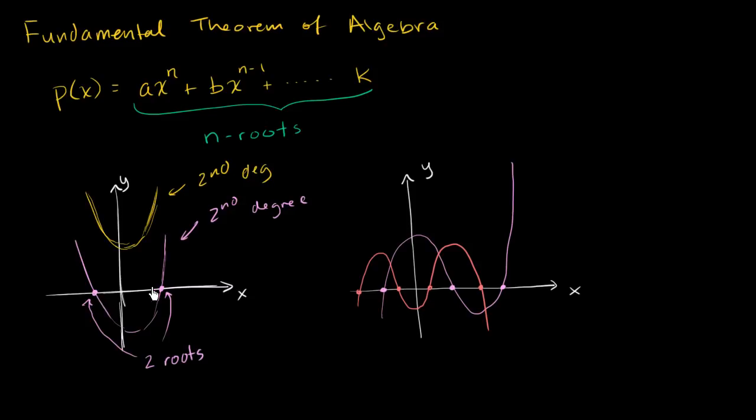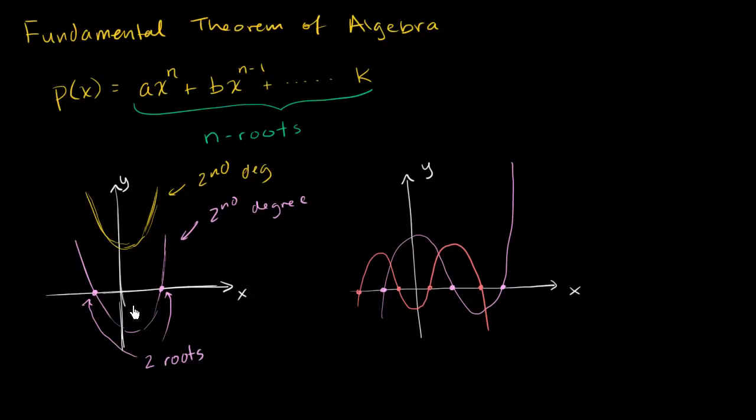And so when we're looking at these first examples, these were all real roots. And real numbers are a subset of complex numbers. So here you had 2 real roots. Here you had 3 real roots. In this orange function, you had 4 real roots. In this yellow function, this yellow parabola right over here, the second degree polynomial, we have no real roots.